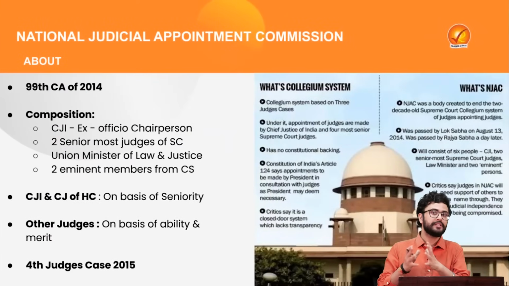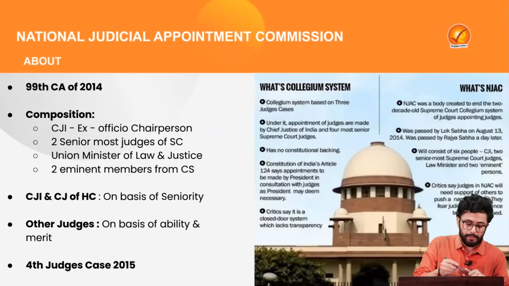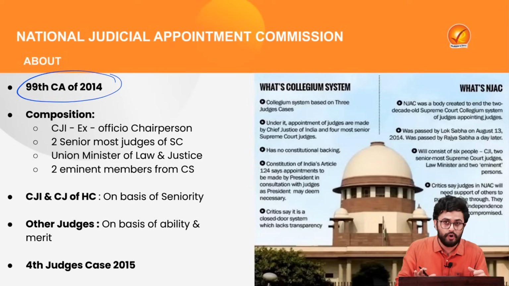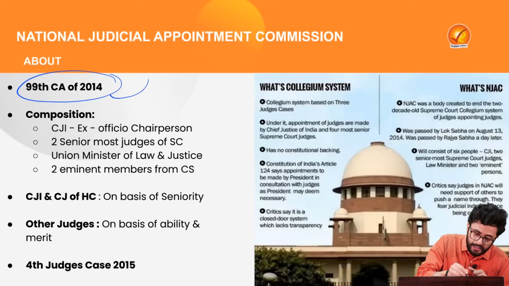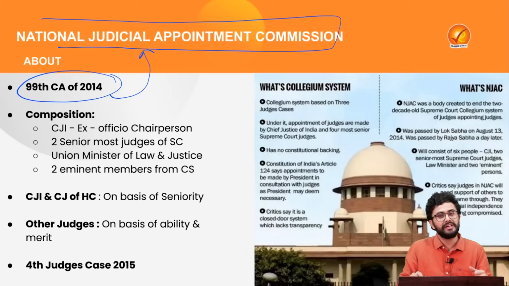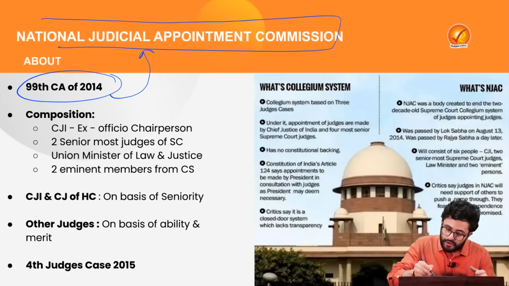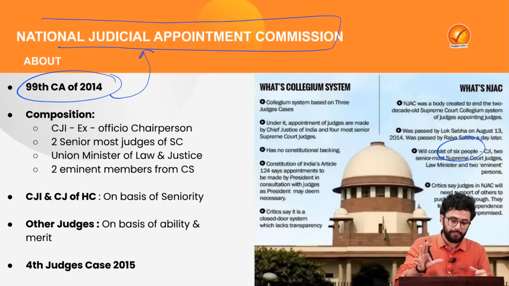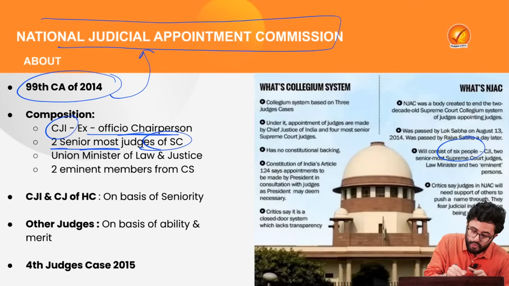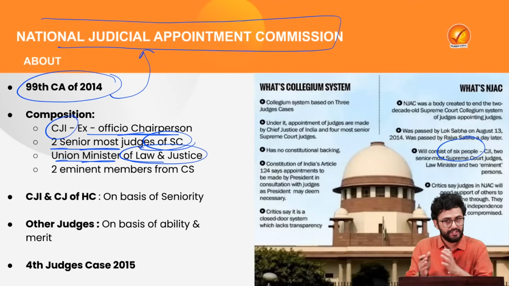Thus, to deal with such criticism, the government came up with the 99th Constitutional Amendment Act of 2014, under which it led to the creation of a National Judicial Appointment Commission, which will comprise 6 people: the Chief Justice of India as the ex officio chairperson, 2 senior most judges of the Supreme Court, as well as the Union Minister of Law and Justice.